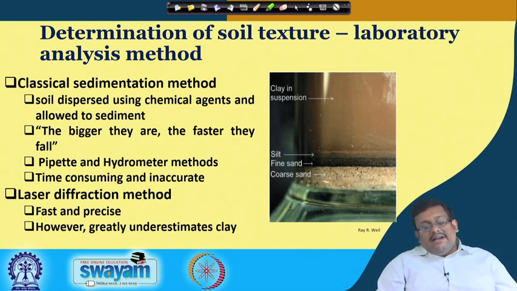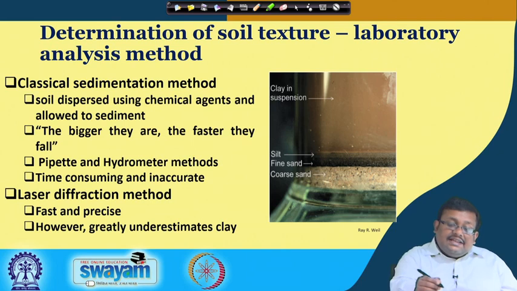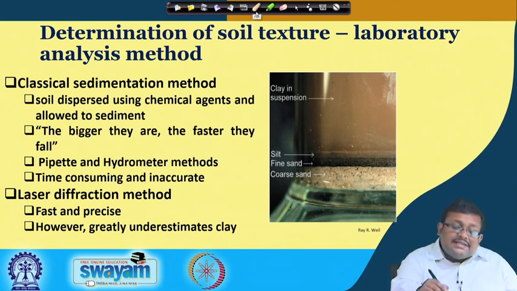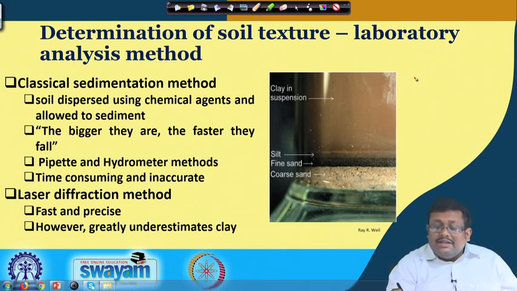So, how do we generally determine soil texture? Well, there are a couple of ways we generally determine soil texture in the lab. All these are quantitative in nature, and the classical sedimentation method is basically used in the lab. We have divided that classical sedimentation method into two major methods.